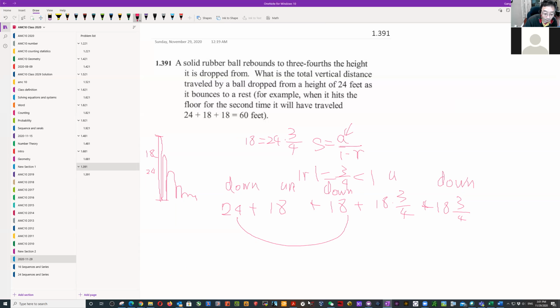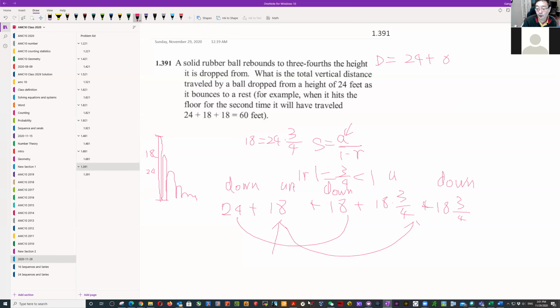Then the other is on the way up, which is also 3/4. So the total distance traveled, let's say D, is equal to 24 plus 18.